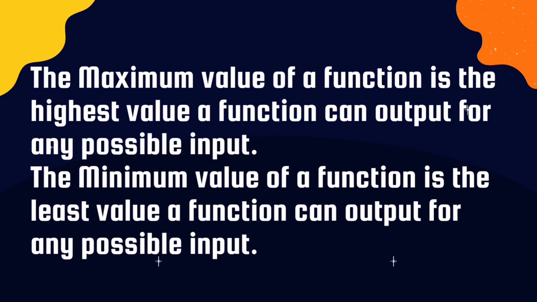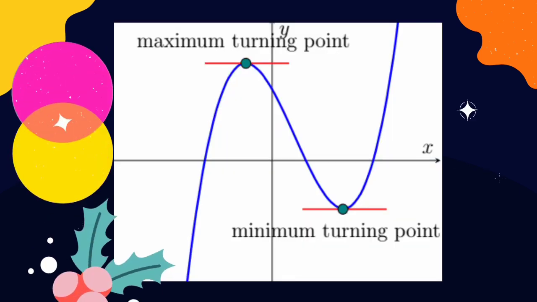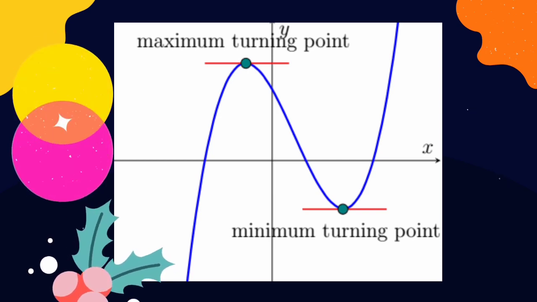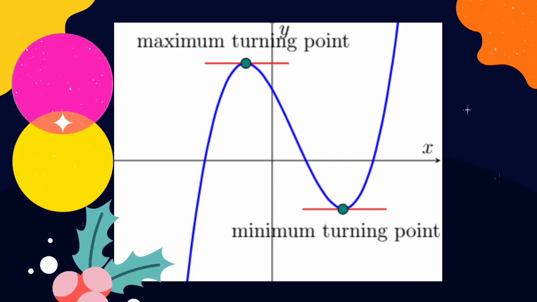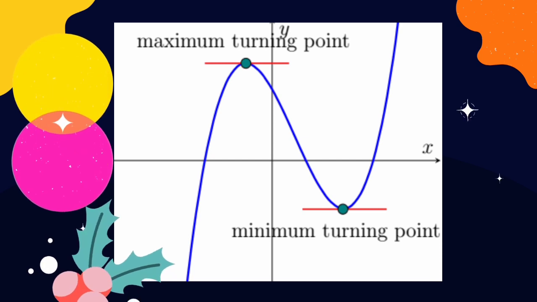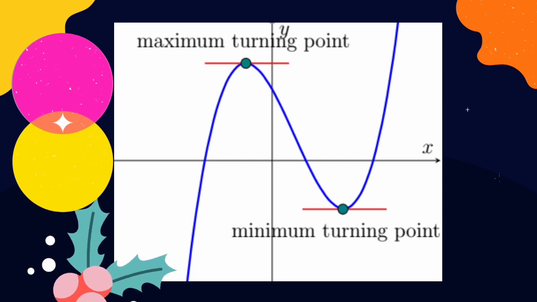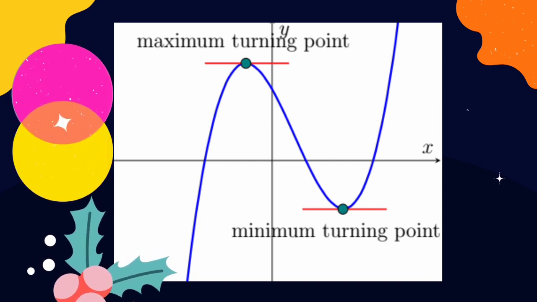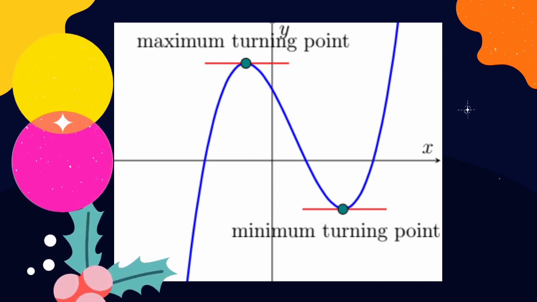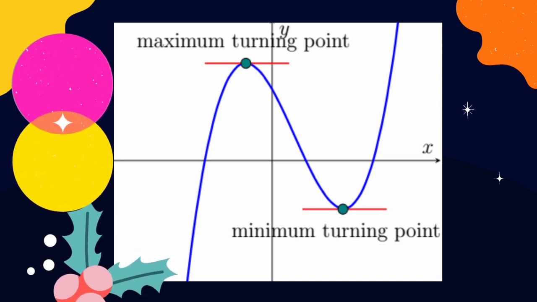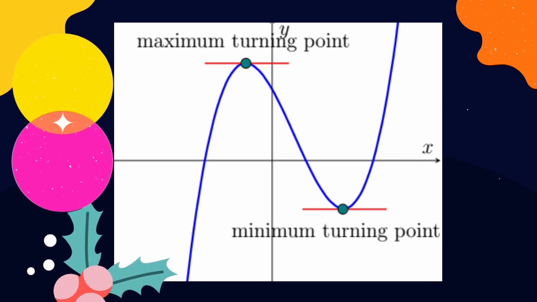Let us consider a graphed function as shown on the screen. This curve will have local maximum and minimum points. To determine the exact value of the local maximum and minimum points will require the application of differentiation.